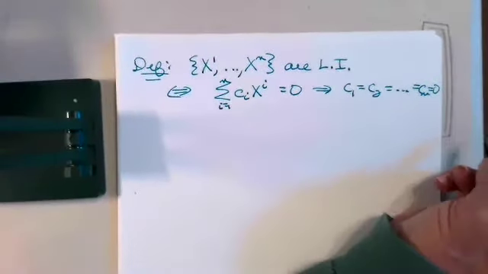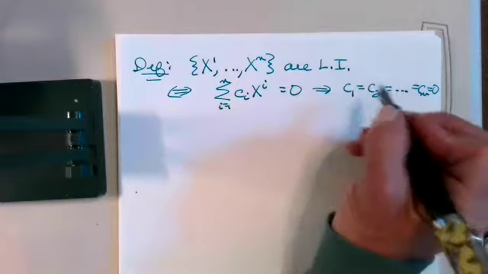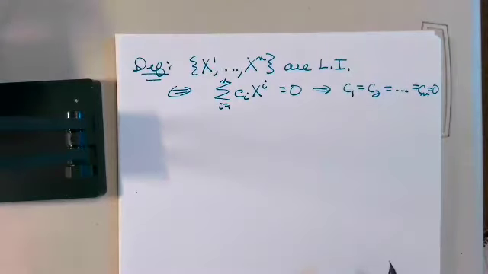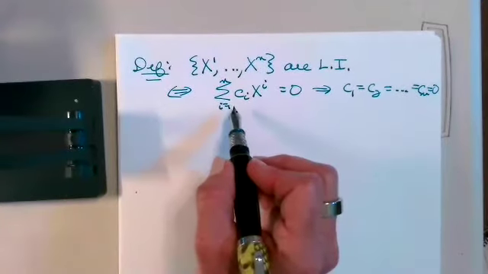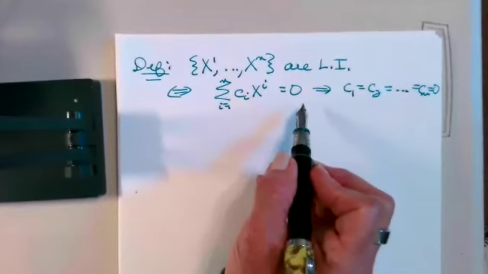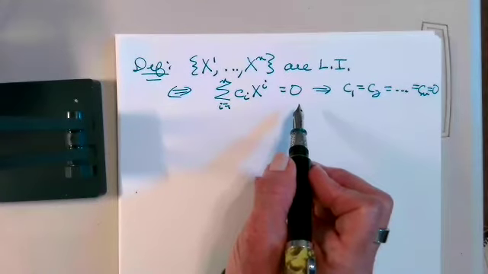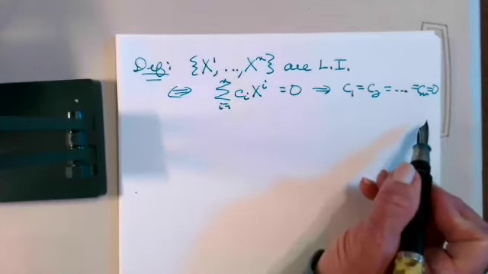Okay. So that was our definition of linearly independent vectors, or a set of objects, since vectors can just be thought of as objects. A set of vectors is linearly independent if, when you take an arbitrary linear combination of them and set it equal to 0, the only way that can be satisfied is if all those coefficients are 0.